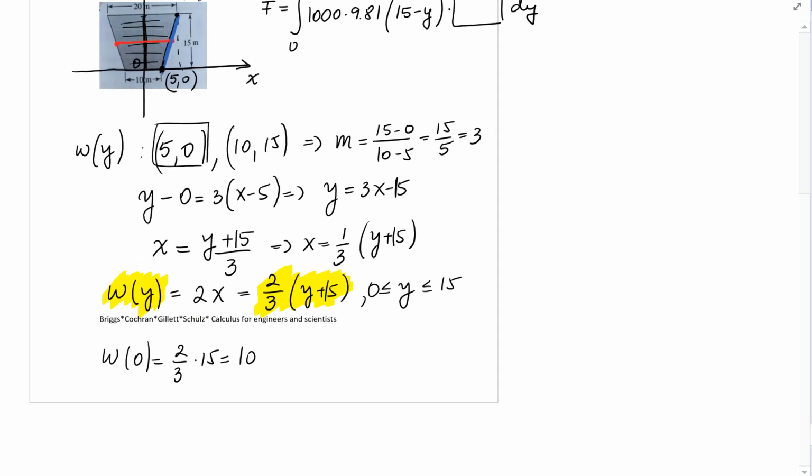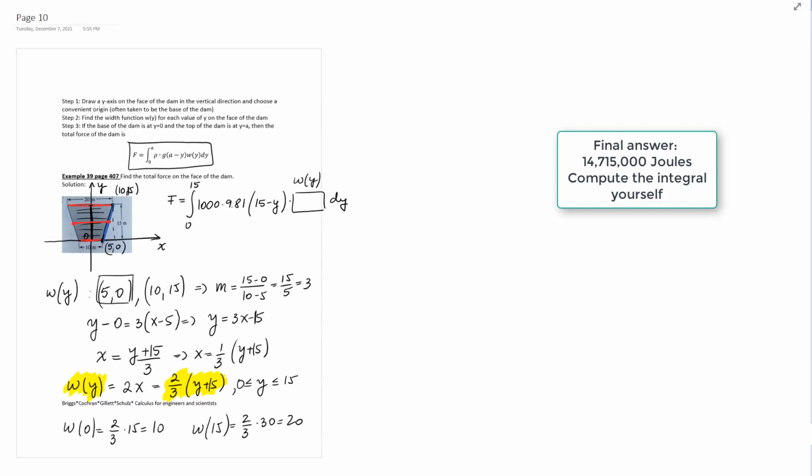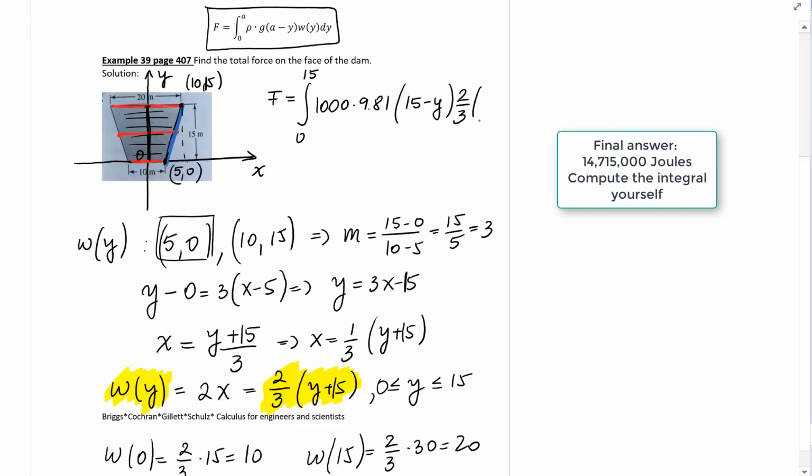So how wide is the dam at 0? It's 10. So we got that. And if we calculate w of 15, we get 2 over 3 times 30, we get 20, which means how wide it is at the top. So now that we found w of y, it's 2 over 3 y plus 15 dy.